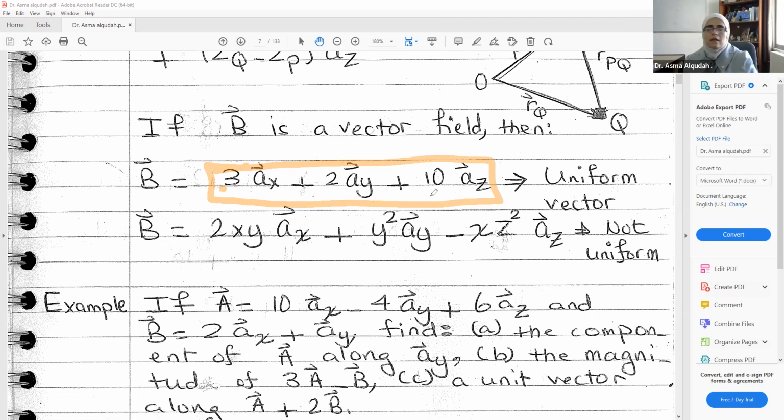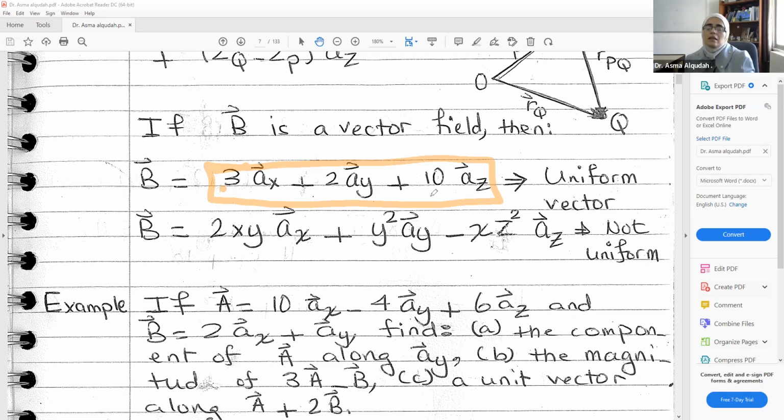For example, say I want to measure the temperature in this room. I take 100 different points in this room and measure the temperature, and I see that the temperature in every single point is the same, 24 Celsius.